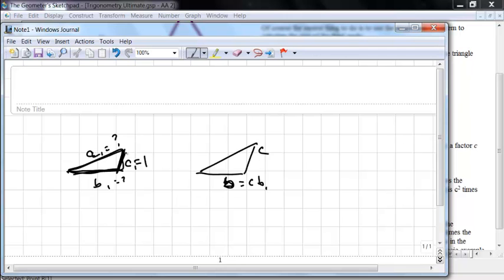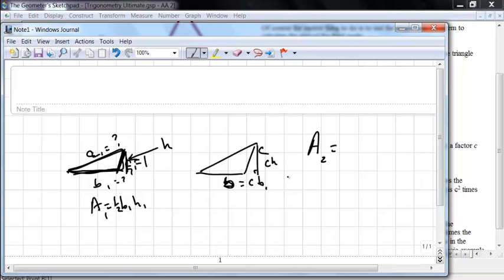Now we need to find the height here. Whatever that height is, we're going to get C times that height for the height over here. So, what's the area over here? The area over here is, we'll call it B1 times H1 times 1/2. We'll call that area 1.